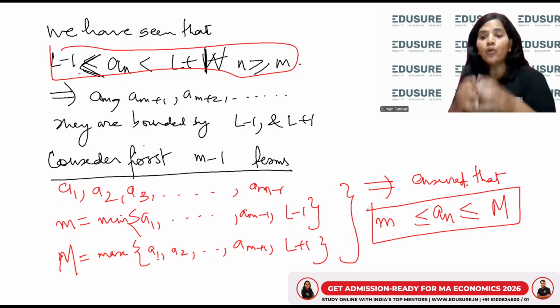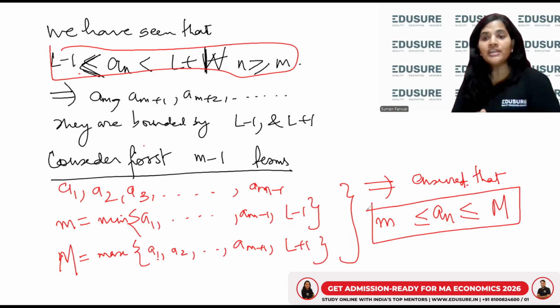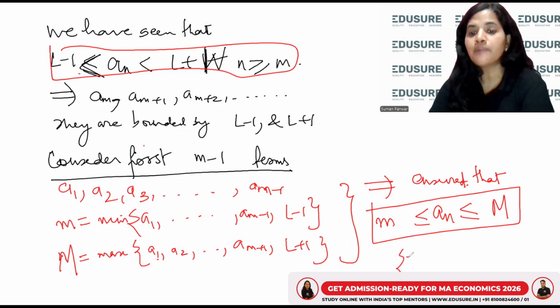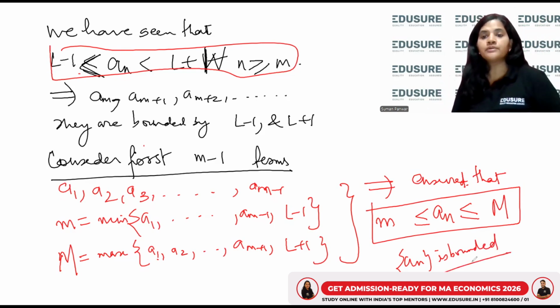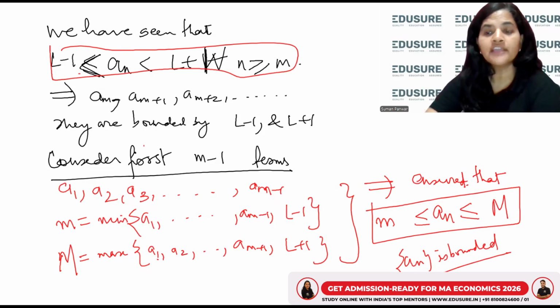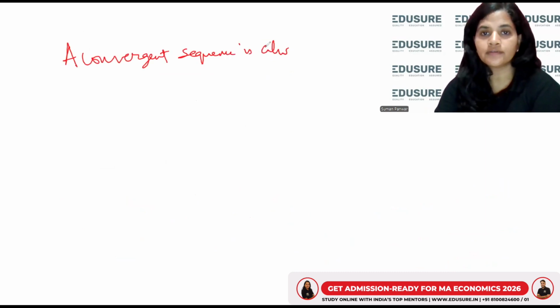So I have bounded my sequence between two real numbers, small m and capital M. That means my sequence is bounded. We started with the sequence being convergent and we ended with the sequence being bounded. So we have reached a very important result: a convergent sequence is always bounded.